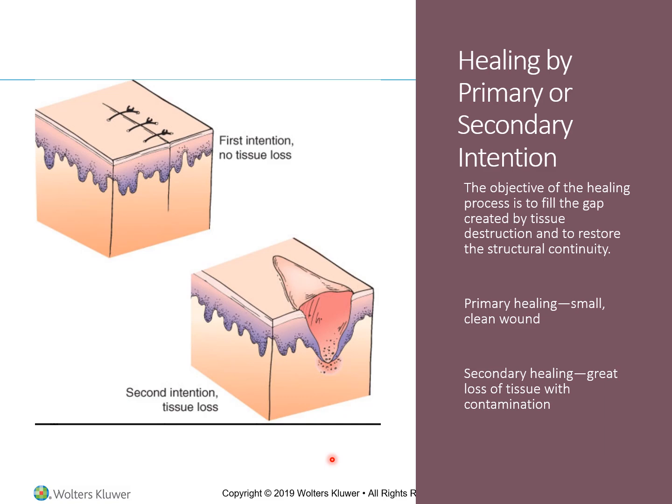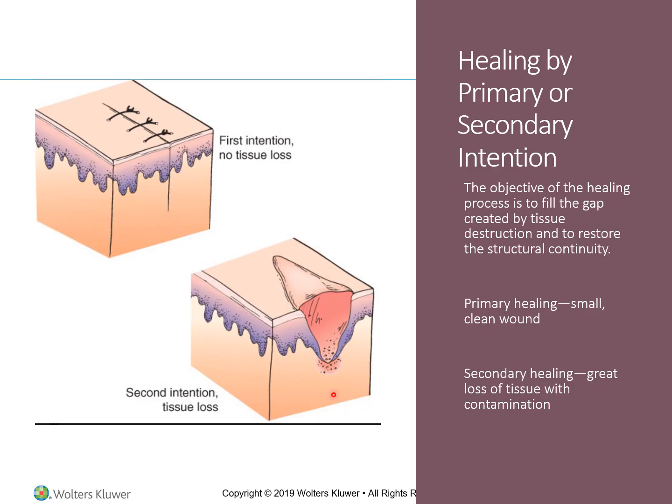And sometimes we selectively choose to allow some wounds to heal by secondary intention. If you have a wound bed that's large and open and contaminated with a lot of different microbes, you don't want to suture and close it up and essentially trap all those little microbes in an environment where they will love to grow and spread themselves.